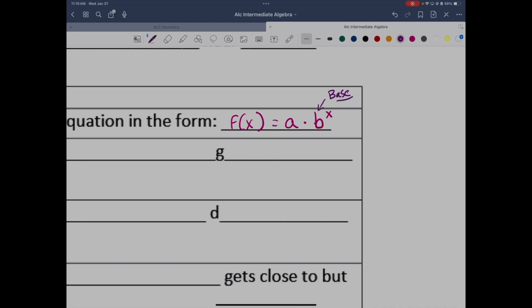And we use exponential functions quite often, especially when we're trying to figure out how much a loan is going to be. If we take out an $8,000 loan, how much interest am I going to have to pay after 5 years? Or how much am I going to have left after 5 years if I buy a car?